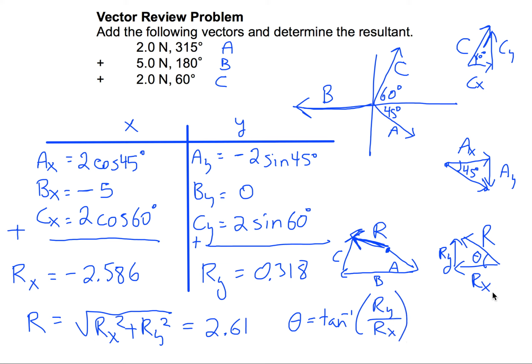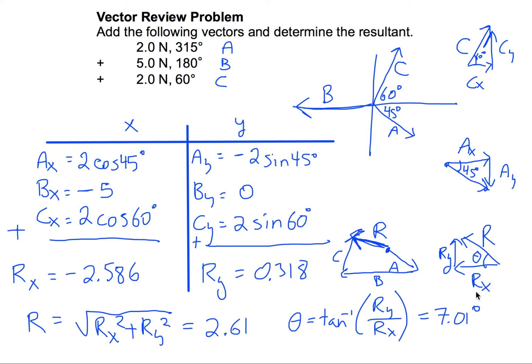And this will always give me the angle that is adjacent to the x component and opposite the y component. So when I did this, and I don't even worry about putting positives or negatives into the calculator, I just put in 0.318 divided by 2.586, and that gave me 7 degrees, basically 7.01 degrees. So that's the direction of this angle right here.